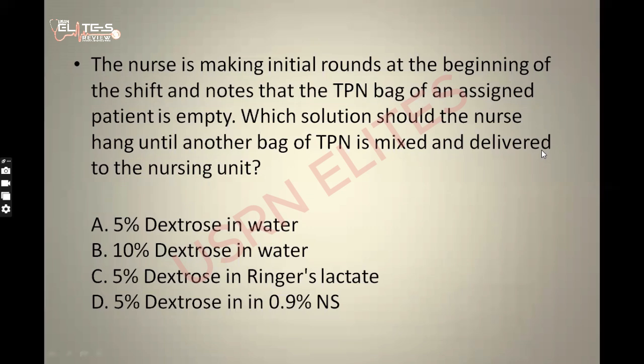If you want to switch back and the incoming one is not ready yet, you still have to keep your glucose level around the same point as when you were taking the TPN, so that you don't run into severe hypoglycemia while waiting for the next one. So that's the reason.